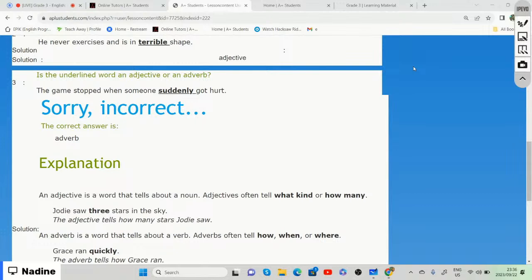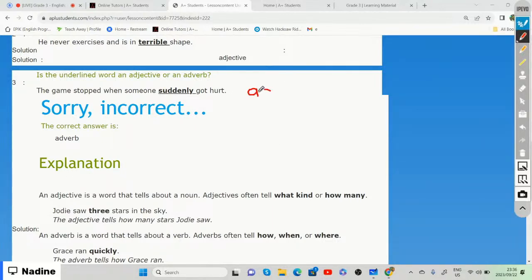If somebody gets hurt, is it an action or is it a noun? Or stopped, the game stopped, right? So basically the whole sentence is telling us about an action. So suddenly will tell us how the action happened. So suddenly the game stopped. Which means that suddenly is an adverb and it tells us about the verb.